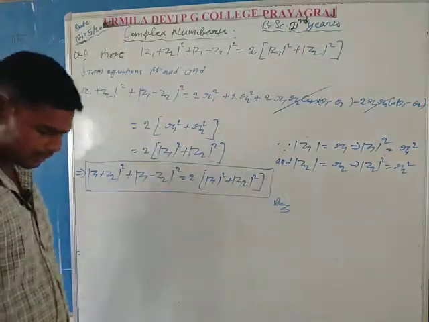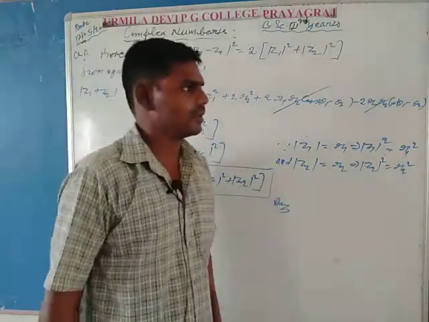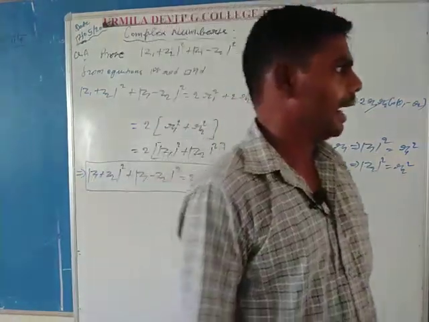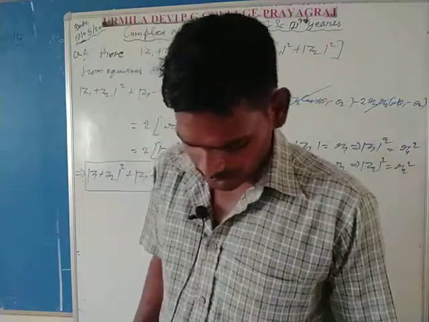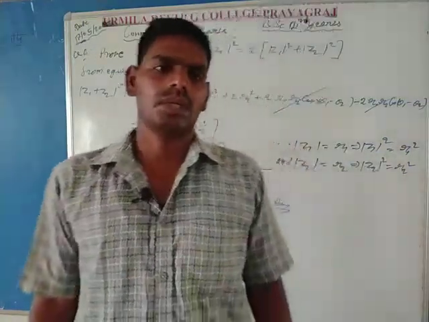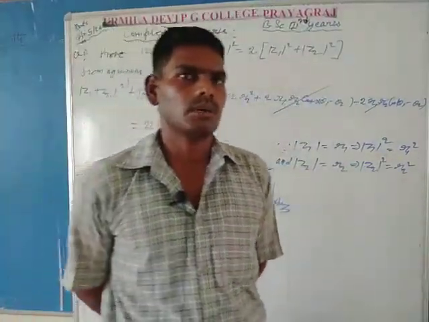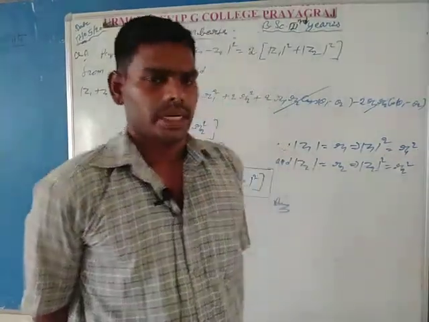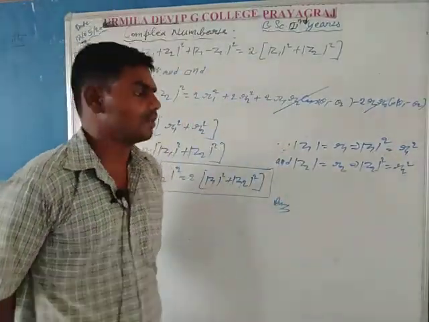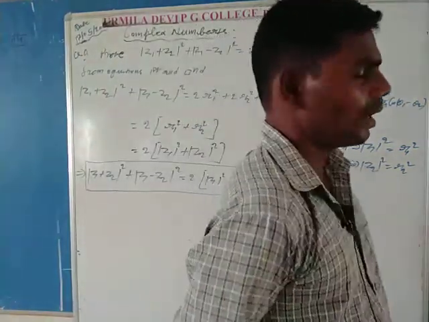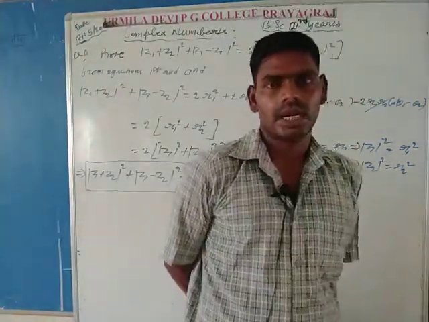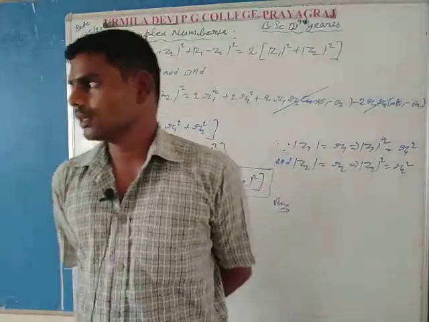So in this question, find the values of mod z1 plus z2 square and mod z1 minus z2 square. First, putting the values of z1 equal to r1 cos theta 1 plus i times r1 sin theta 1 and z2 equal to r2 cos theta 2 plus i times r2 sin theta 2.